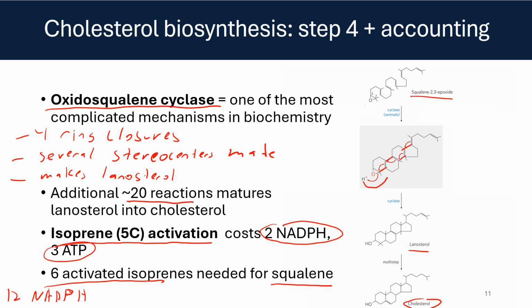Don't forget that squalene monooxygenase is also going to require an NADPH. And then we'll need 18 ATP total because 3 times 6 is going to be 18.